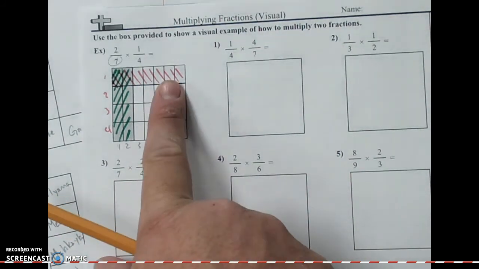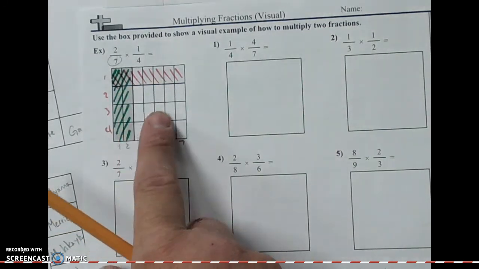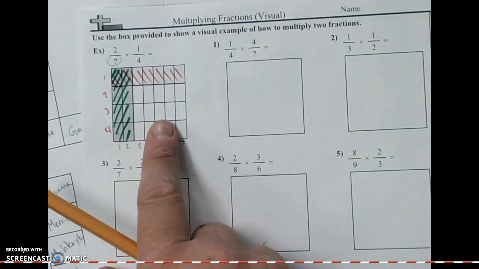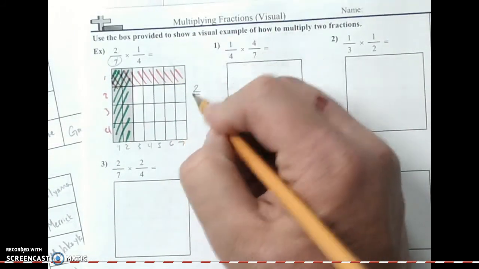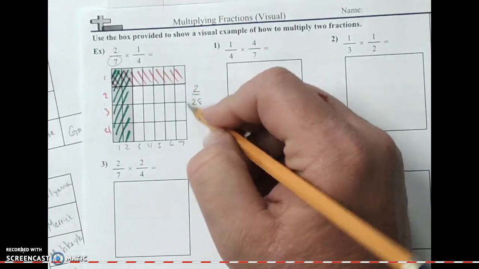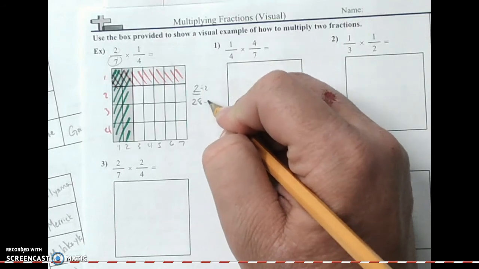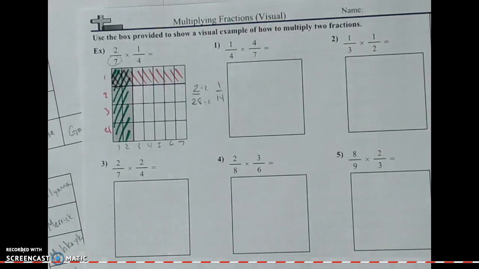How many of my rectangles have both colors in them? 2 out of 28 total. And what can I do with that? Reduce by 2, I get 1/14. Okay?